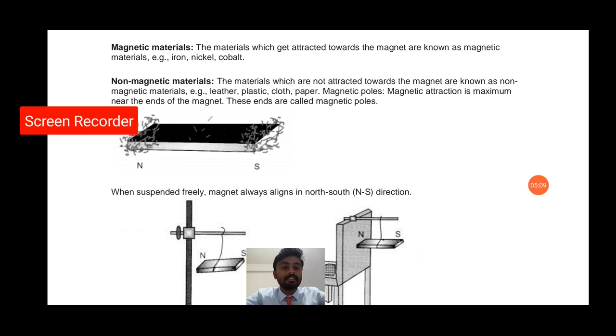These are the examples of magnetic materials.